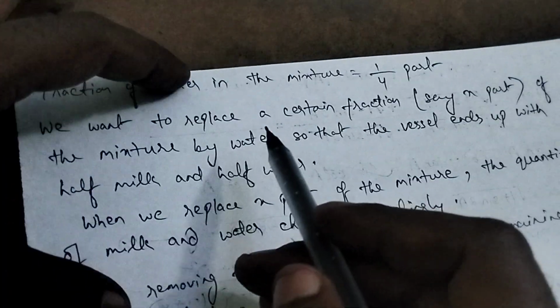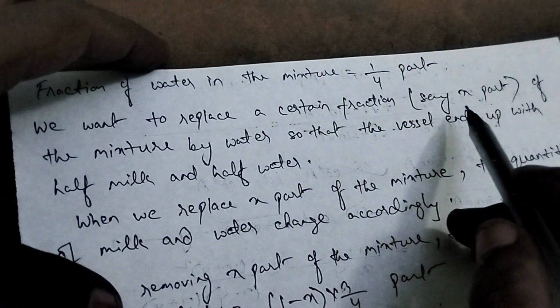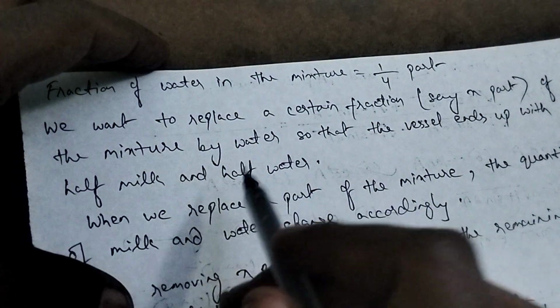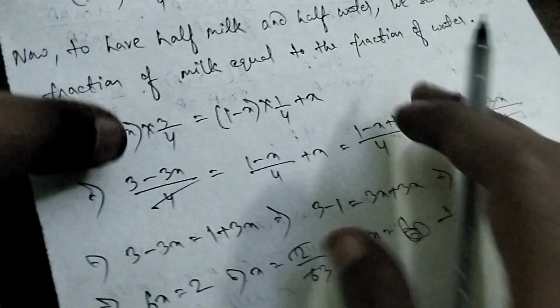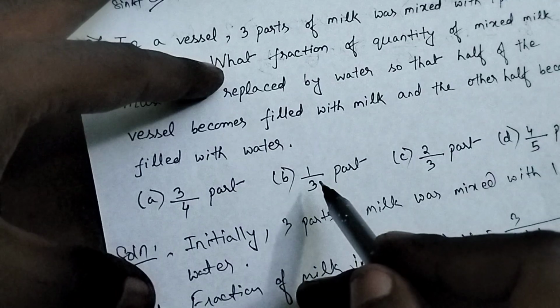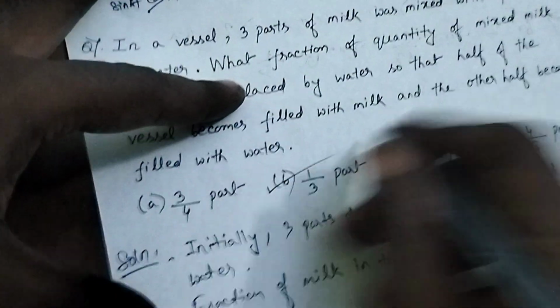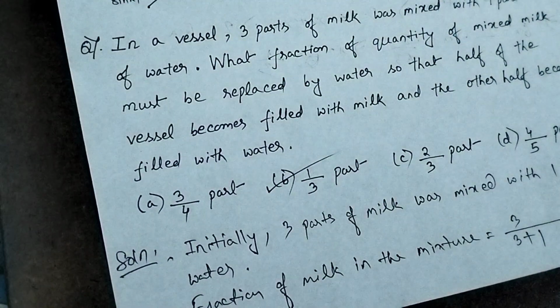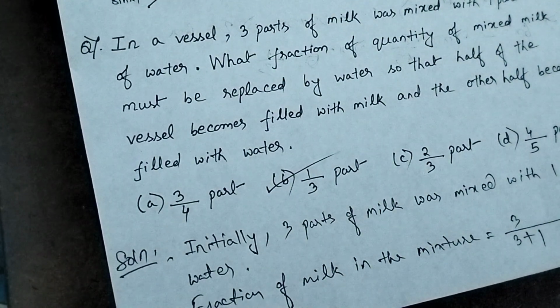We have replaced the x fraction of the mixture by water, and the value of x is 1 by 3. So which answer is correct? 3 by 4 part, certainly not, obviously 1 by 3 part. So option number B is the correct option. Okay. Thank you.